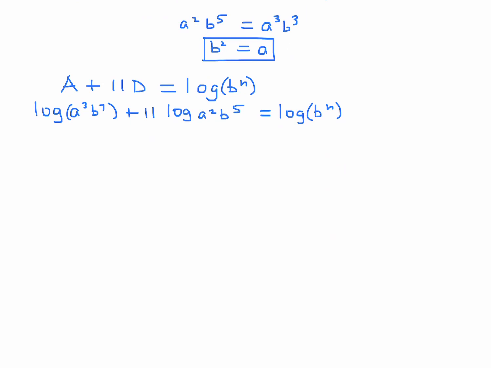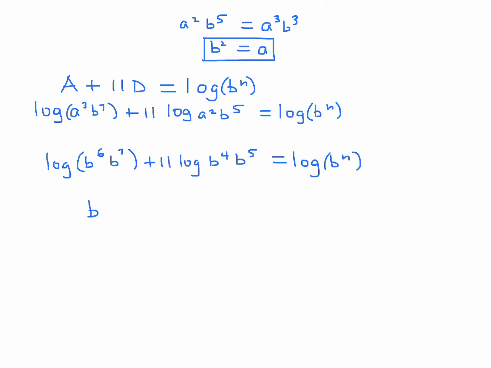So since a is equal to b squared, I'm going to substitute that in everywhere. Everywhere there's an a, put in b squared. So the log of a^3 b^7 becomes b to the power of 6, b to the power of 7, and then plus 11 log of a squared b^5, so that's b to the power of 4, b to the power of 5, and nothing has changed on this side.